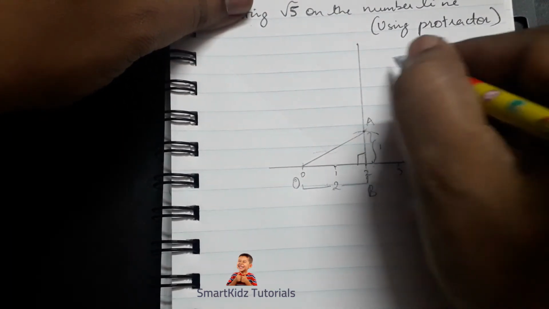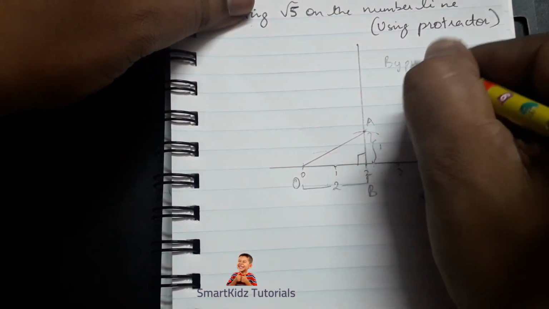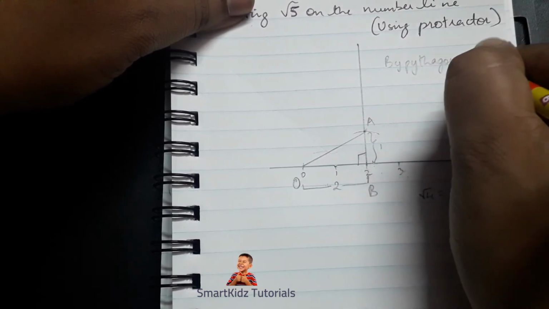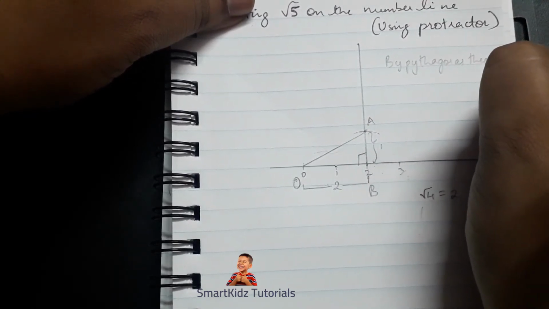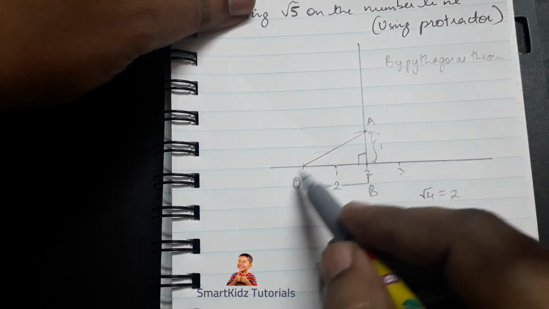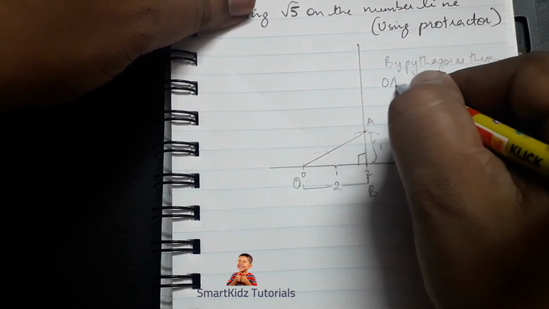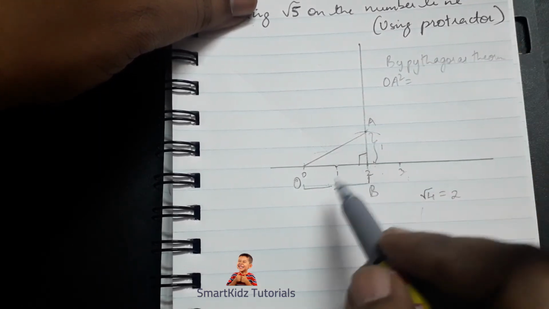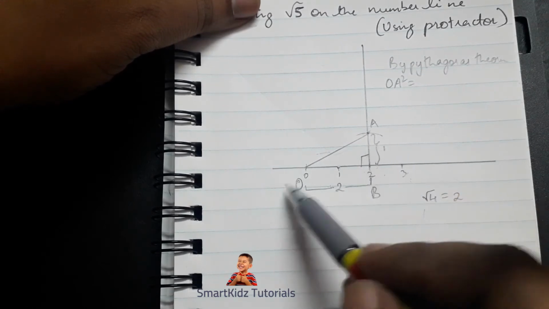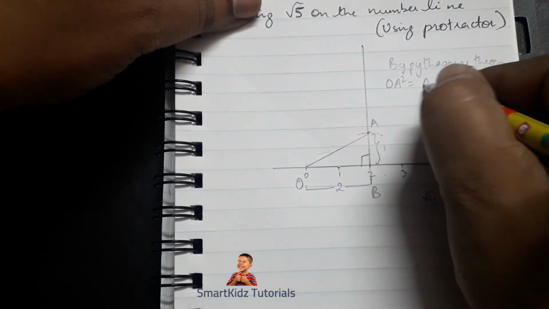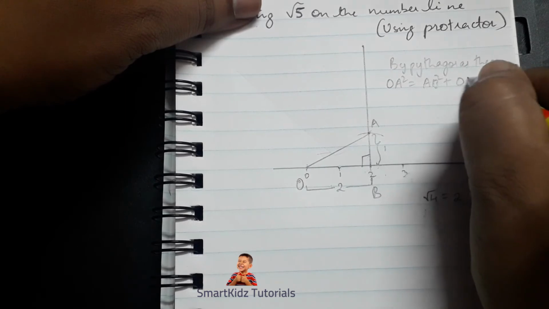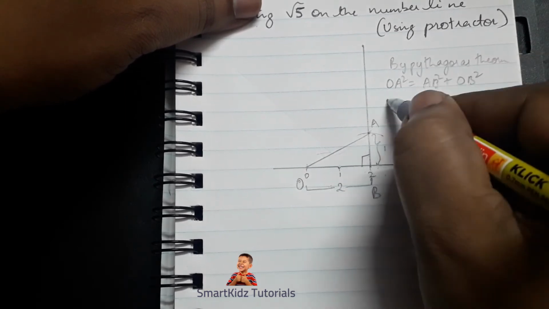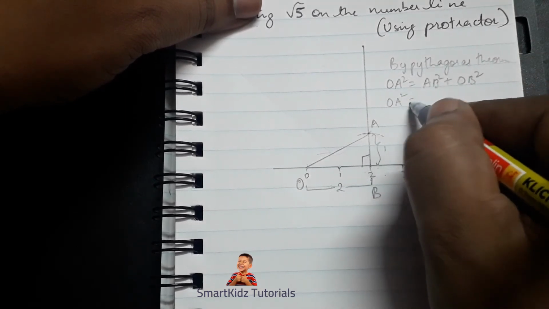So by Pythagoras theorem, we have OA square, which is the hypotenuse. The square of the hypotenuse is equal to the sum of the squares of the other two sides. So that will be AB square plus OB square. Now OA is what we need to find out.